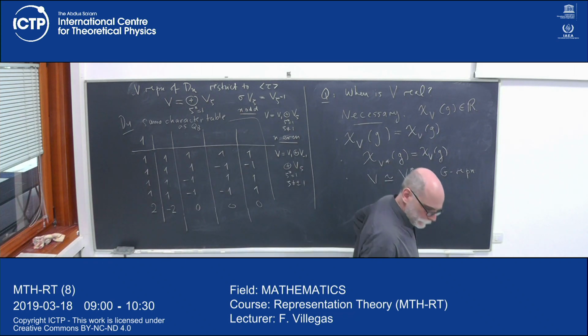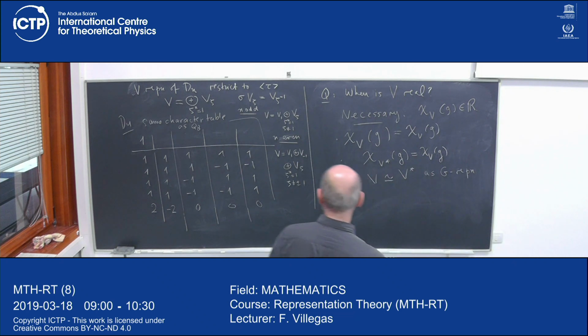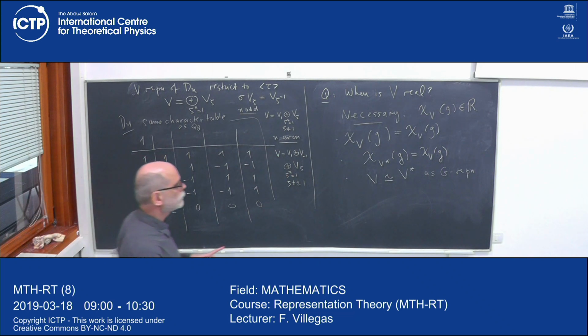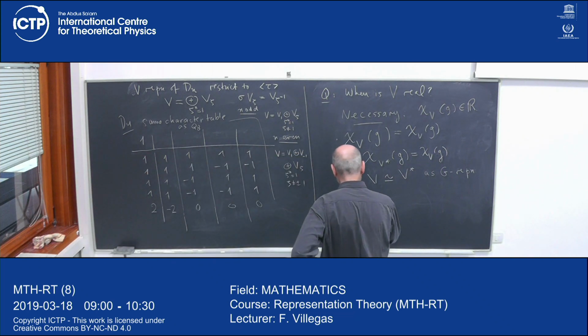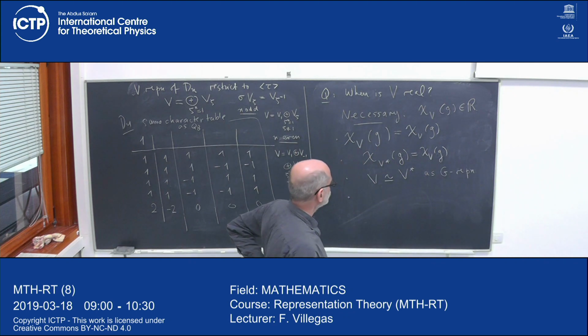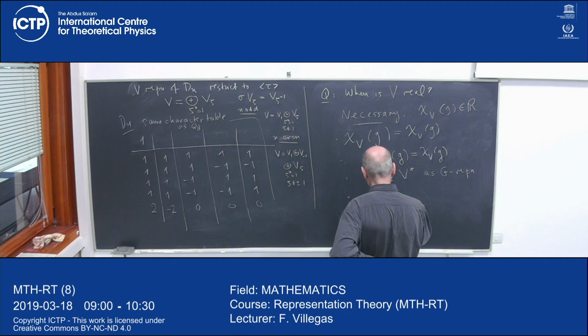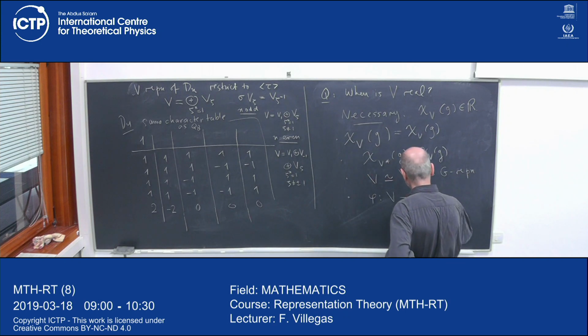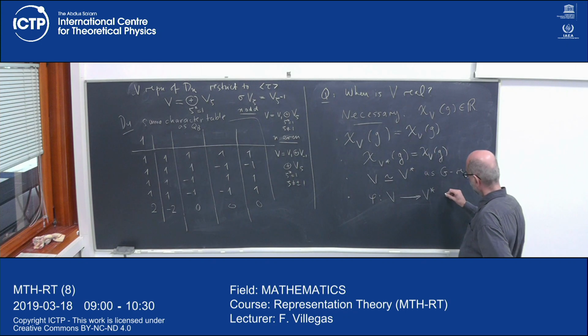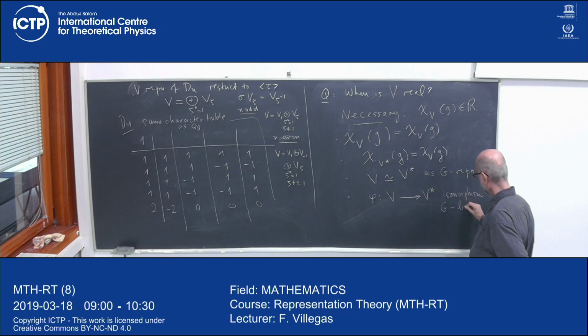Okay, now let's follow this line of reasoning. V is isomorphic to V dual as G representations. It means that there is a map, phi, that goes from V to V dual, which is an isomorphism of vector spaces, which is also G linear.